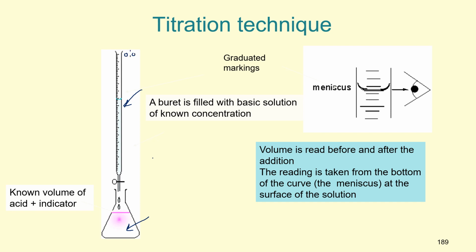It starts with 0 up here and runs down to about 50, but you don't subtract from 50, you just read whatever it is. It's meant to be read downward, so you start at the top. This would be 1.00, and this would be 2.00 and 3.00. You can read it to 2 decimal places because you read the bottom of the meniscus and estimate 2 decimal places.